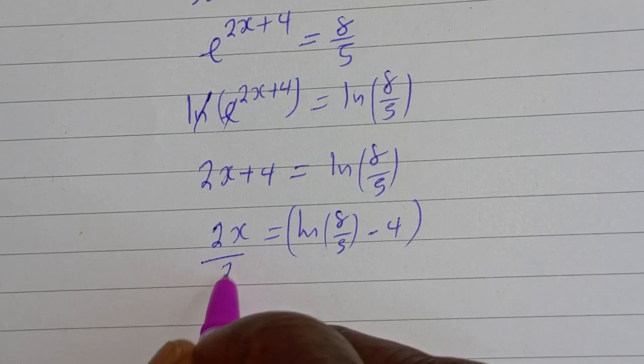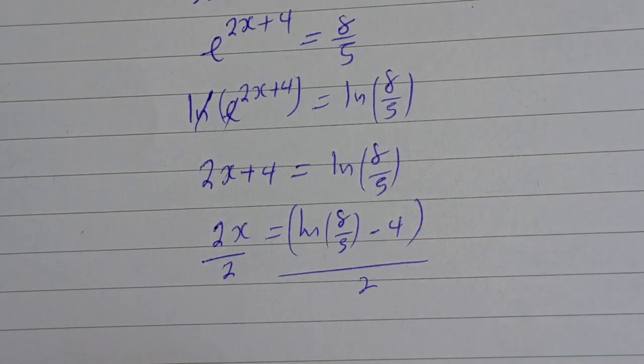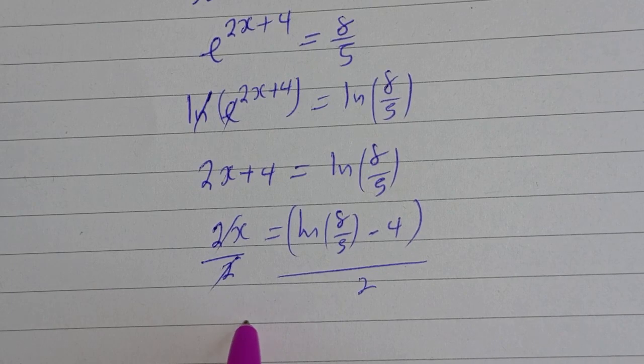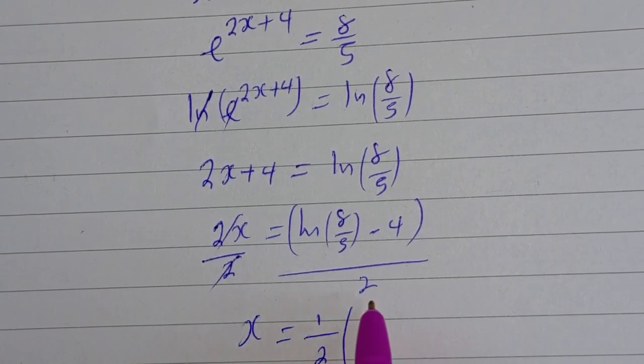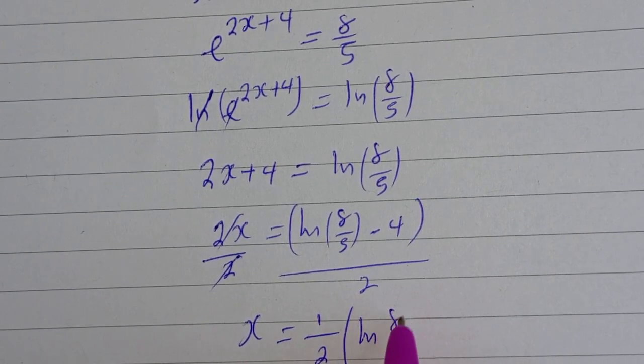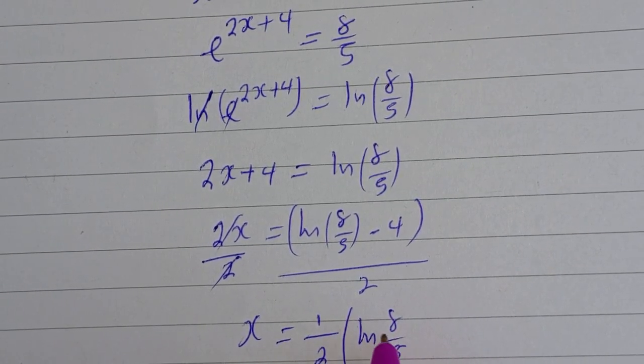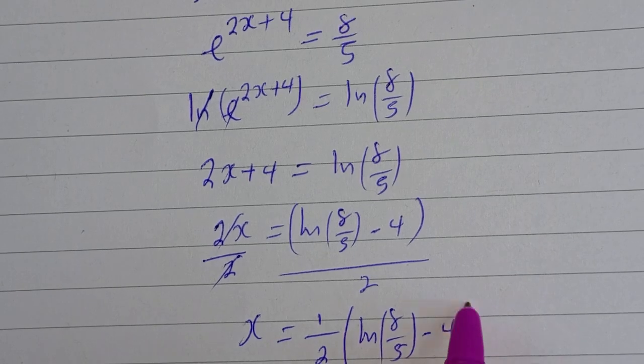Let's divide both sides by 2. This will cancel this. s is equal to 1 over 2 bracket natural log of 8 over 5 minus 4.